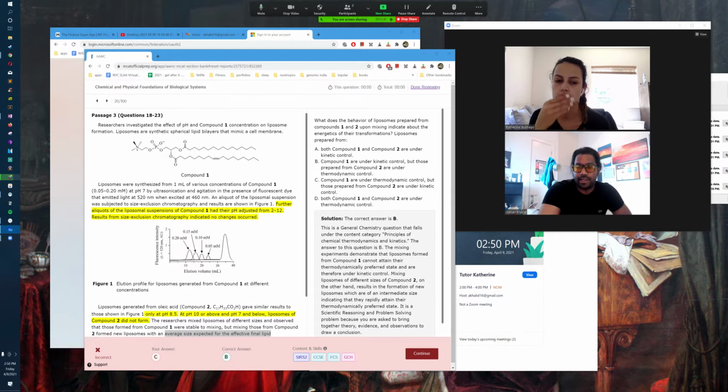So okay, check this out. Activation energy, if lowered by a catalyst, makes the reaction go faster.